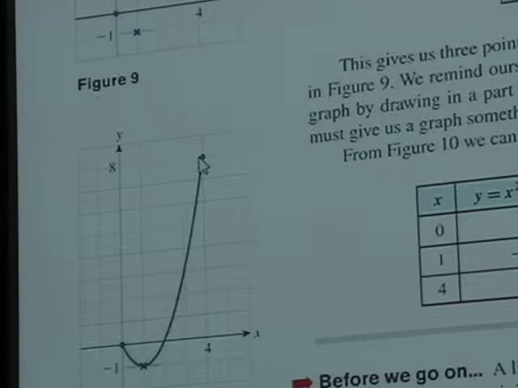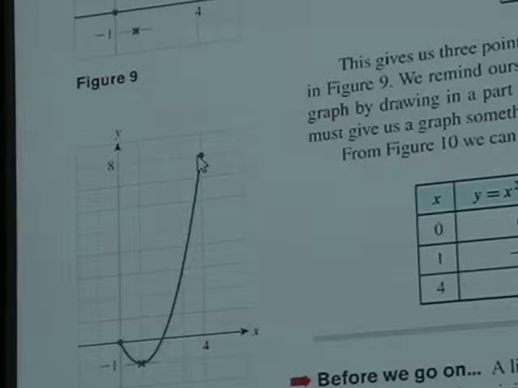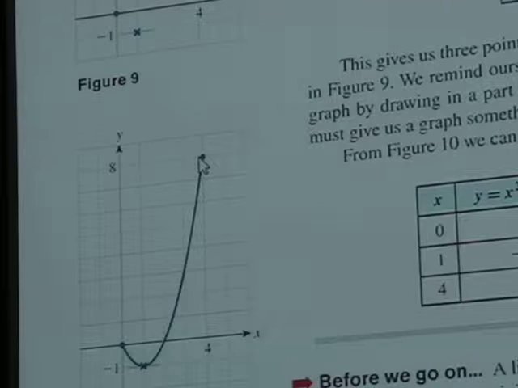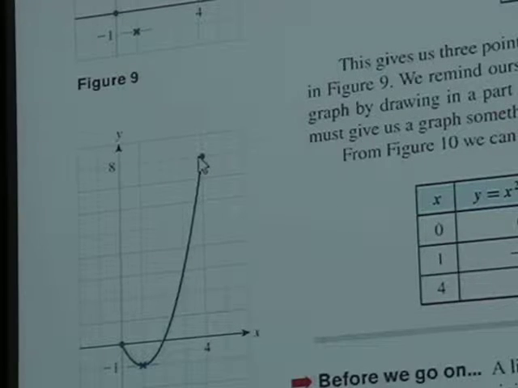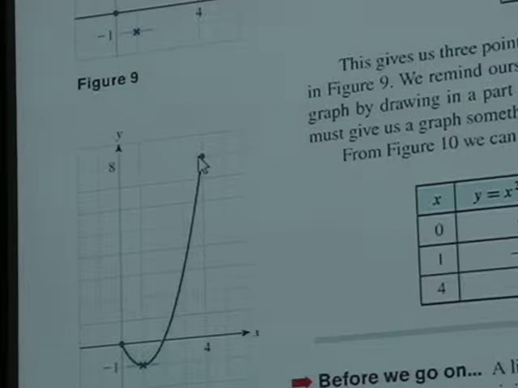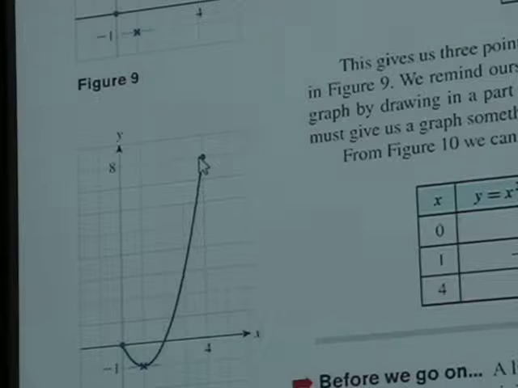And then there's also an absolute minimum. Again, where is it? It's at 1. And what is it? It's -1. And finally, there's a relative maximum.